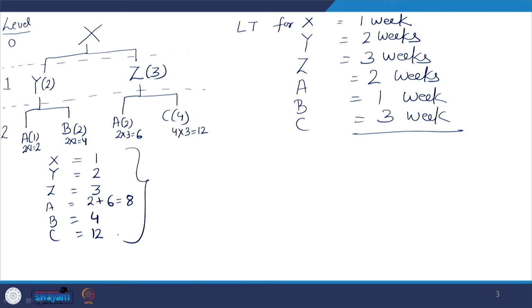That is the total requirement for making 1 unit of X. For 1 unit of X, you require 2 Y's, 3 Z's, 8 A's, 4 B's and 12 C's, and these are the lead times available to us.